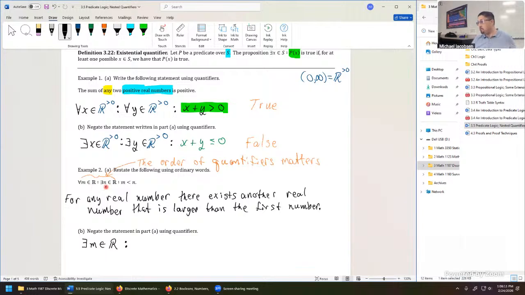Negate this, we'll say for all n, for any real number n whatsoever, we have this statement. When we negate, we also have to negate the predicate as well. And the trick of this is, if it was a less than, we now include equality and we flip it to a greater than at the same time. So we'll write m greater than or equal to n.